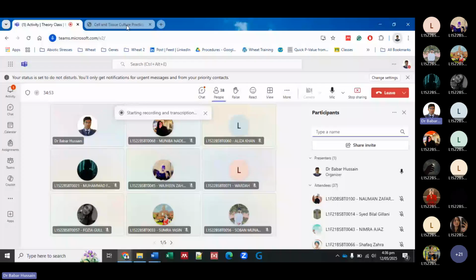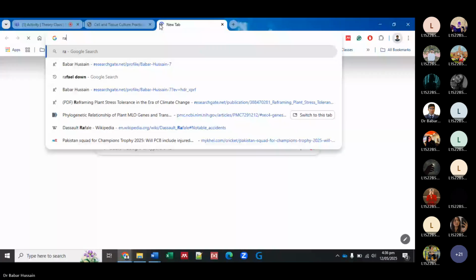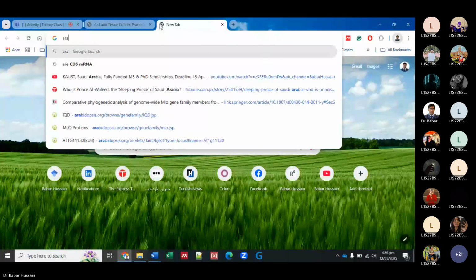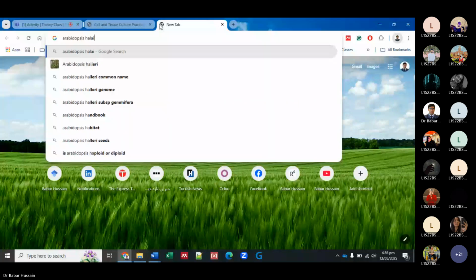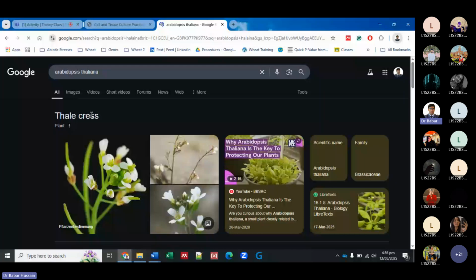So first thing first, Arabidopsis thaliana is a model plant. So this is an Arabidopsis thaliana.